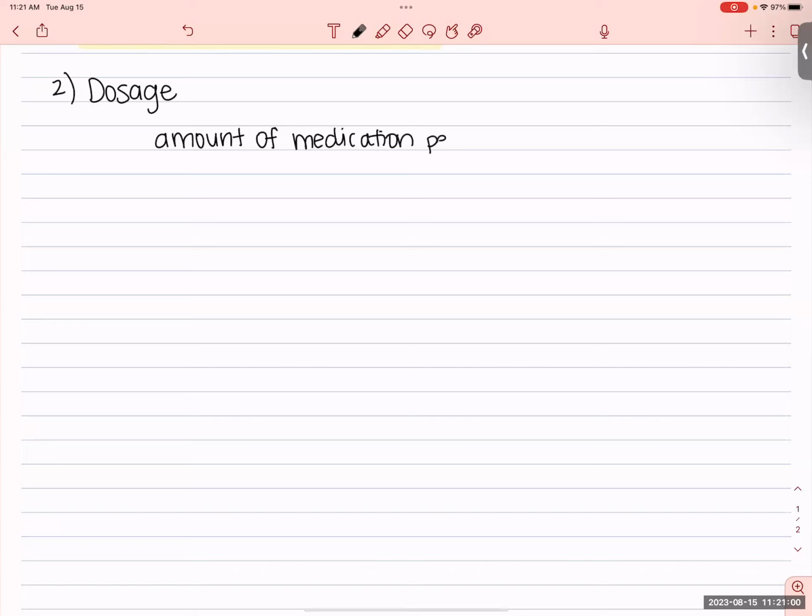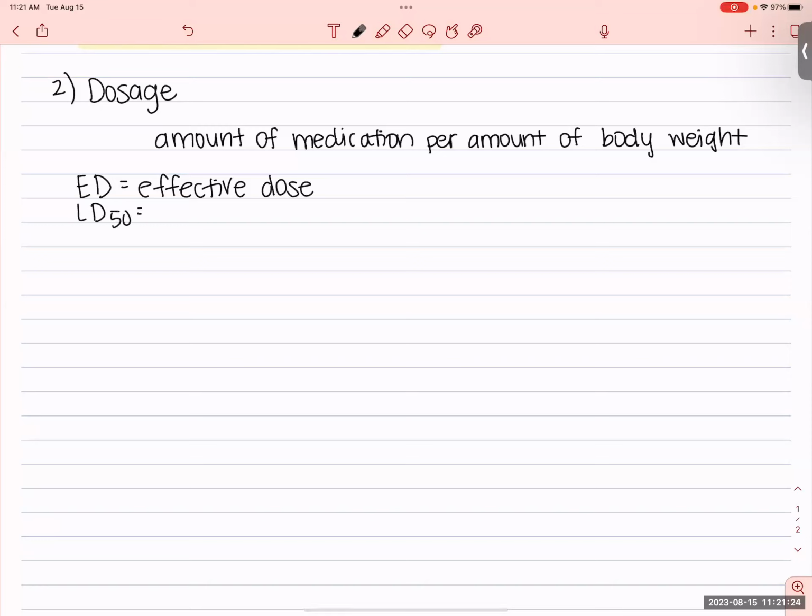And it's usually per amount of body weight. So for example, there's something called the effective dose. And then there's the LD50, which is the lethal dose in 50% of test subjects.